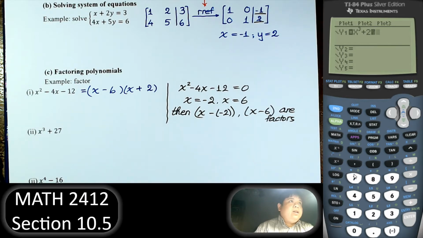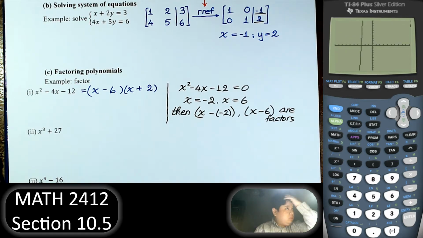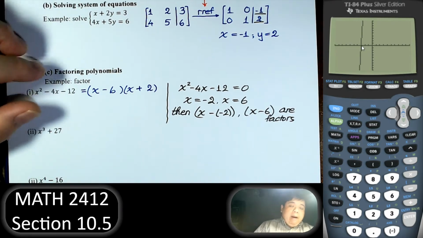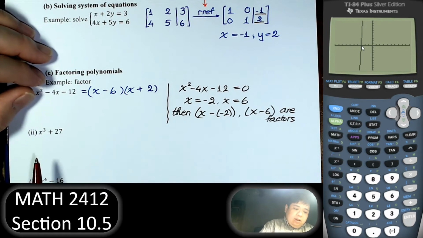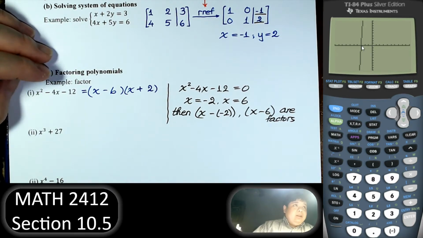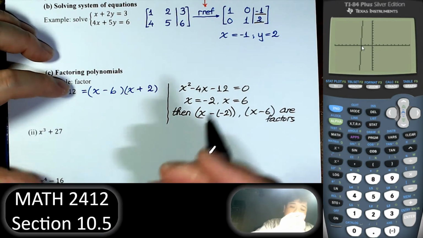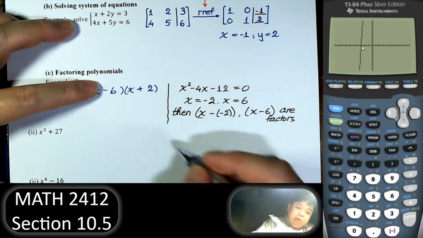If we do that, we only see -3, so we know one factor is x plus 3, but that's all we have. This is actually a sum of two cubes.